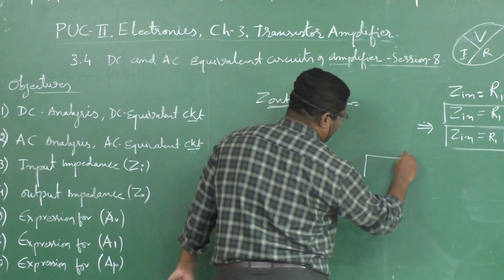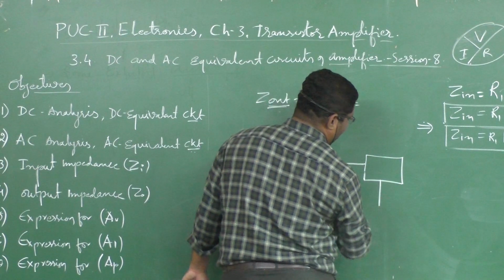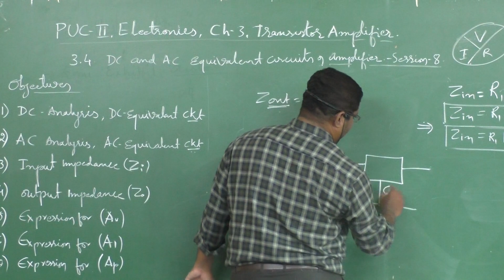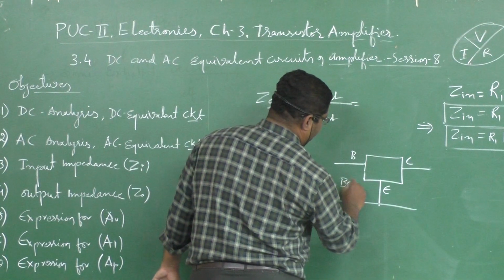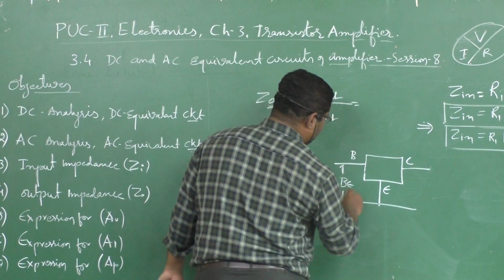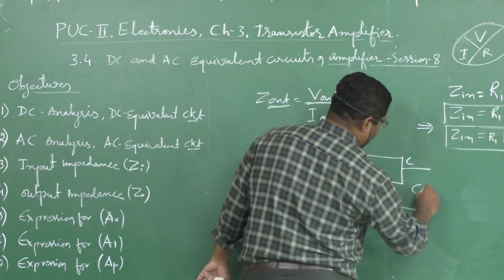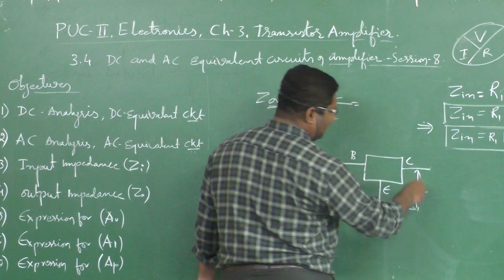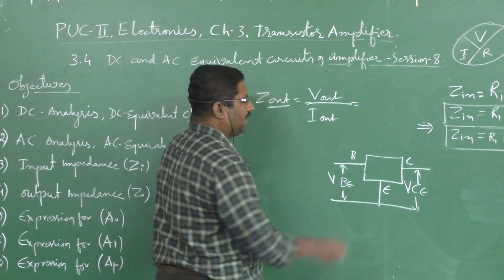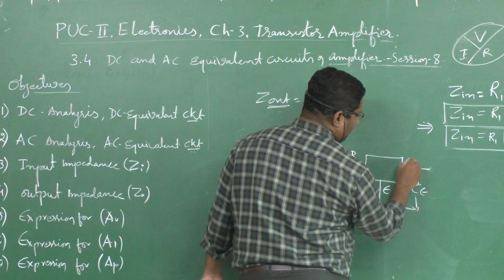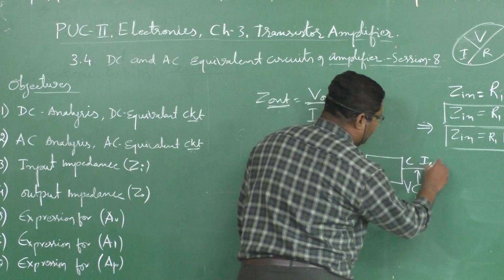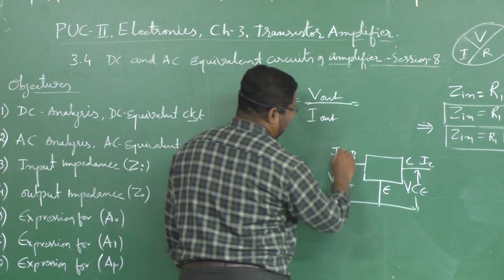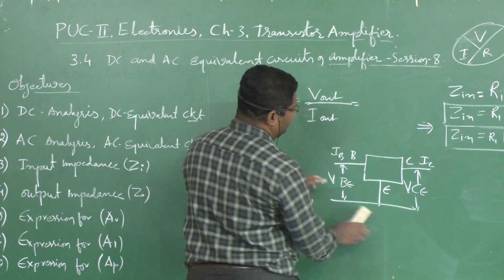Here we had the CE amplifier configuration. This is emitter, this is collector, this is base. The base emitter voltage is the input voltage, and the collector emitter voltage is the output voltage. Output current is taken across the collector, that's why it is called IC, and input current is IB. But we need only these two things.